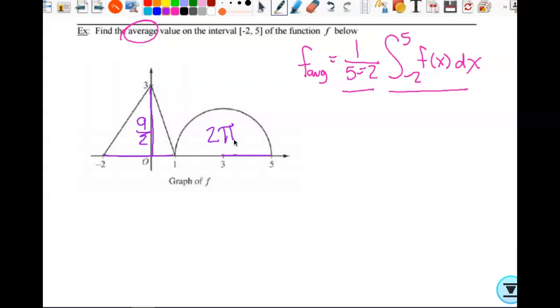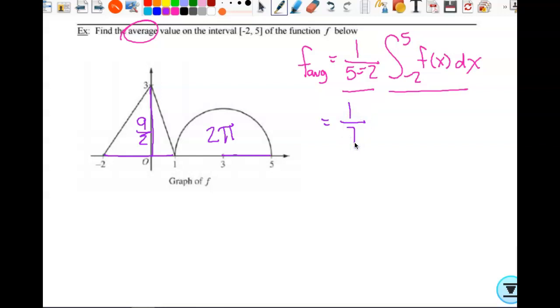Okay, are these all positive? Yes, because it's all above the x-axis, and we're going from -2 to 5, from left to right. So remember, we have to pay attention to that. I'm going left to right, and it's all above, so everything's positive. So this gives me 1 over 5 minus -2, which is 7.